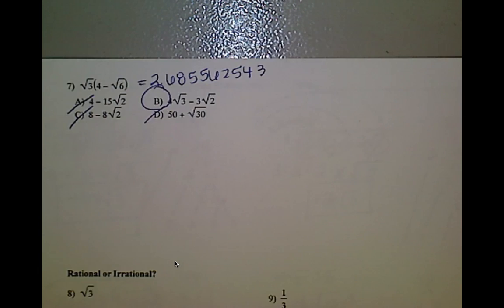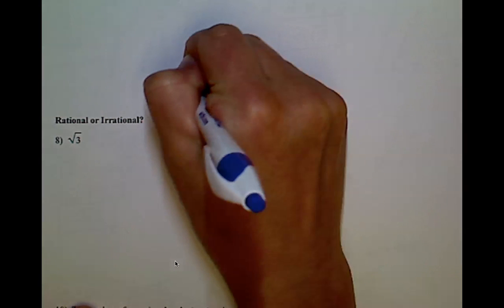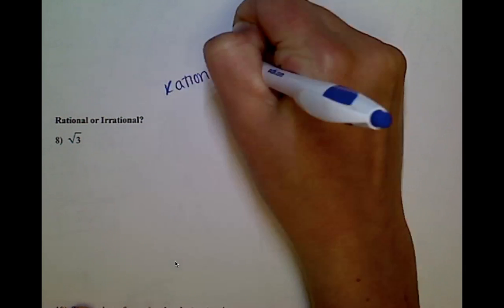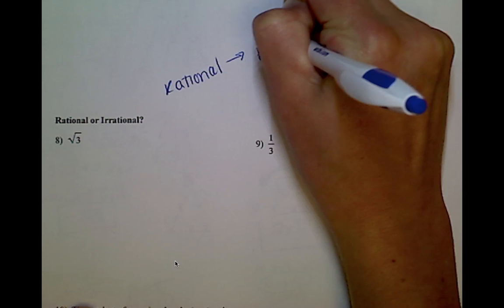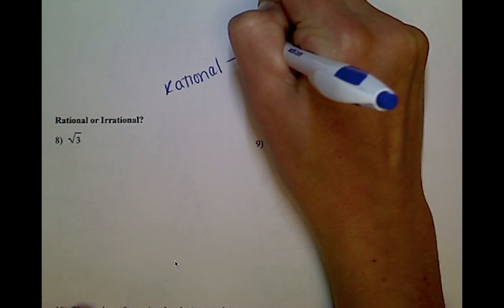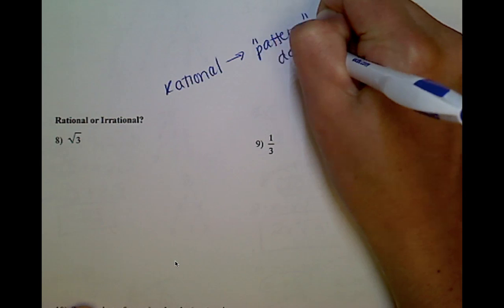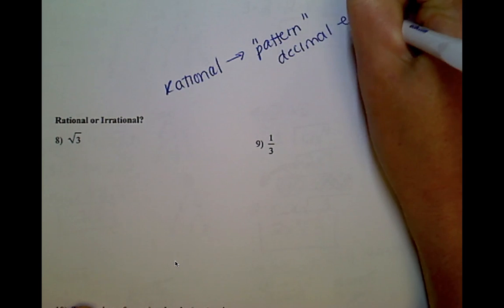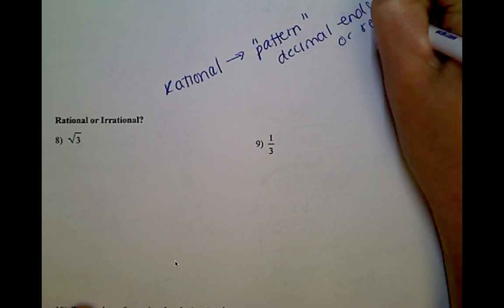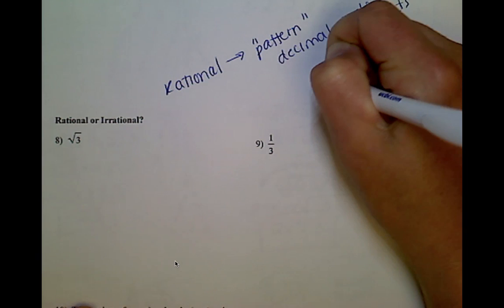Okay, let me remind you what rational and irrational means. Rational is code for there's a pattern. Okay, decimal ends or repeats, and it can be a fraction.